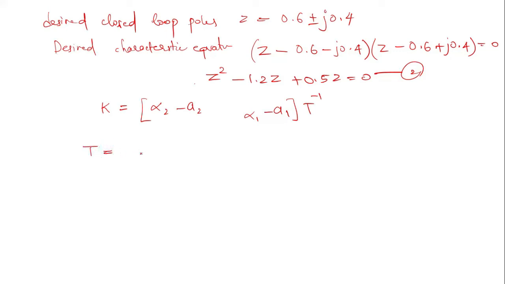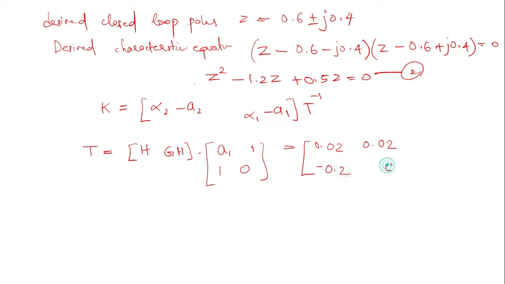T is the controllability matrix, H GH, into the matrix A1 1, 1 0, which we derive from the actual open loop characteristic equation. When you substitute the values, you will find 0.02 0.02, minus 0.2 0.2. So you need T inverse.